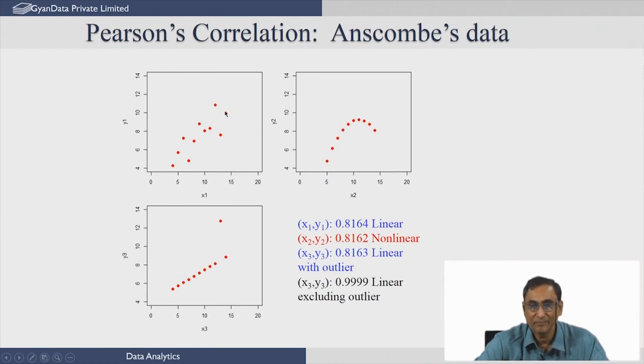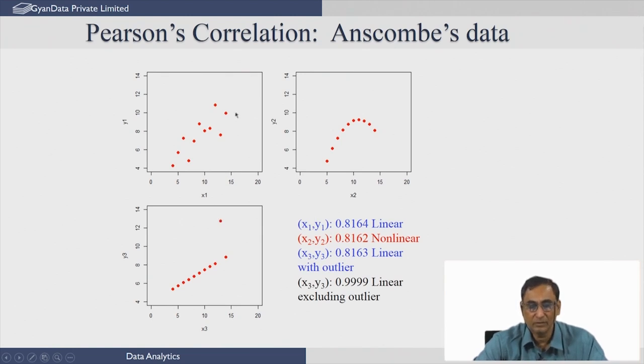In the second data set, you can conclude that there is a non-linear relationship between x and y. And in the third one, you can say there is a perfect linear relationship for all the data points except one, which seems to be an outlier, far away from that line.